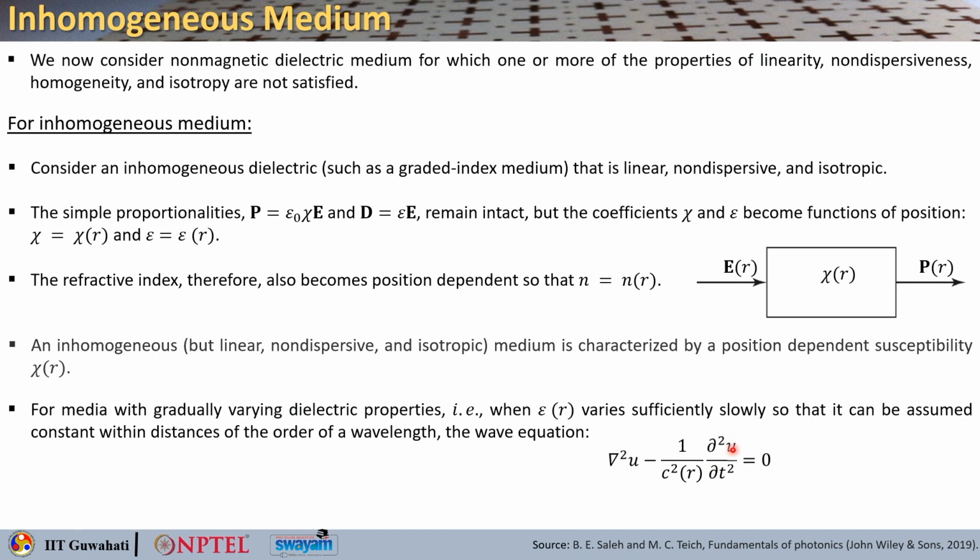What is important to note is that because your refractive index is n(r), c(r) is nothing but the speed of light in vacuum c naught divided by n(r). That means you have a spatially varying speed, and that is all happening because your refractive index is spatially varying.